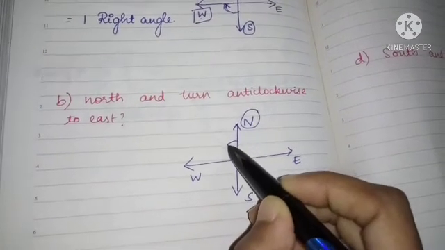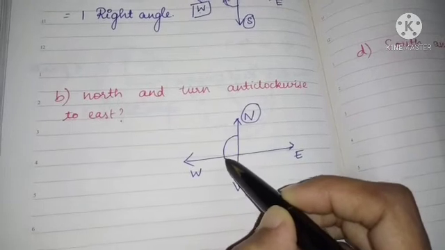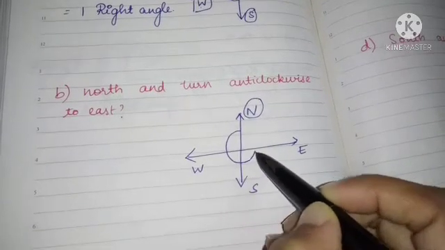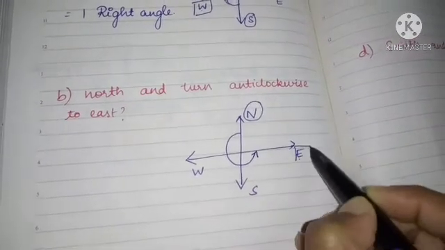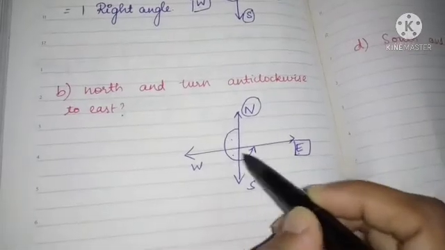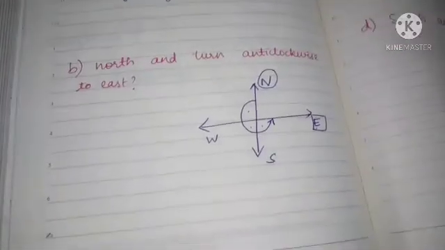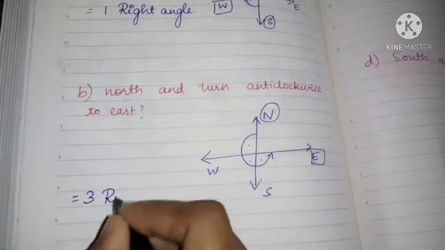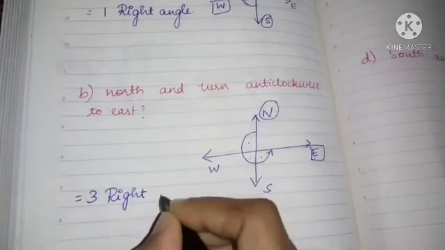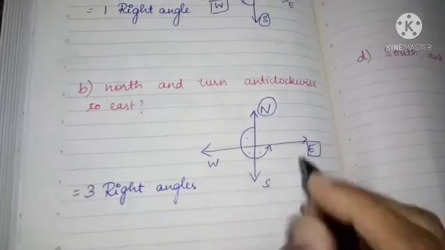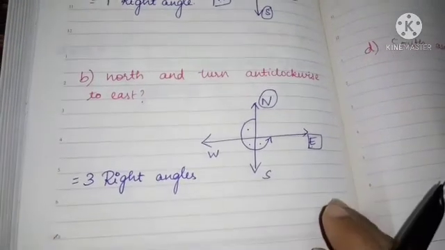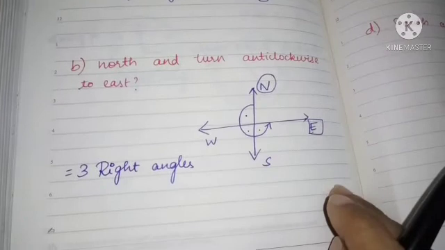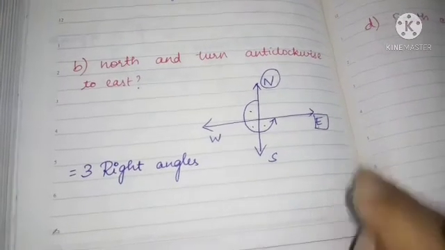This direction is anti-clockwise. You should reach east. This is your east, correct? So 1, 2, 3. How many right angles are you facing, children? 3 right angles, because it is in anti-clockwise direction.